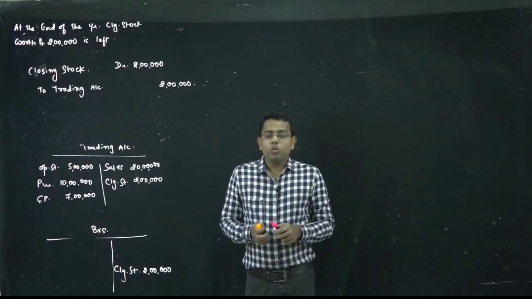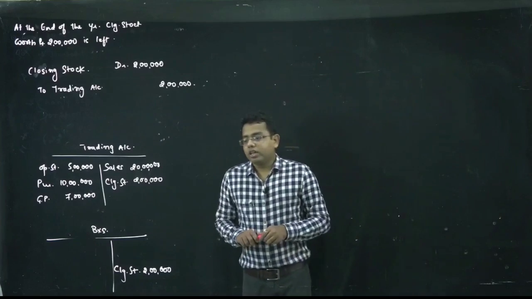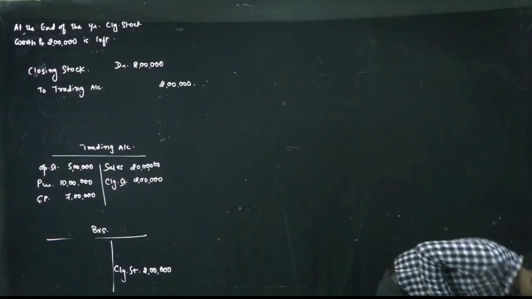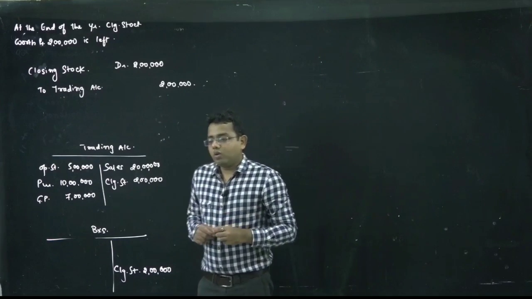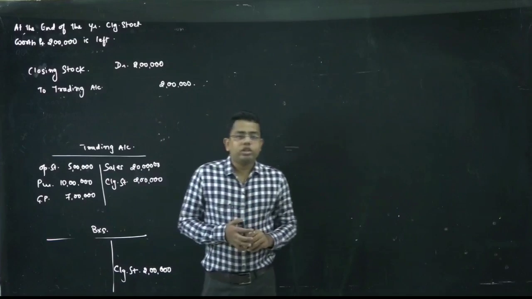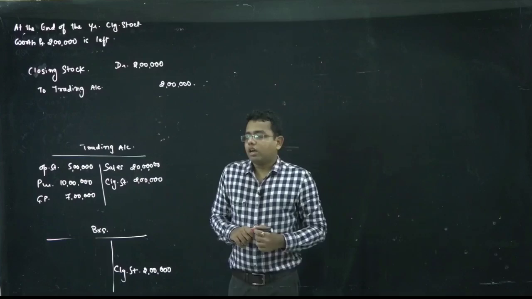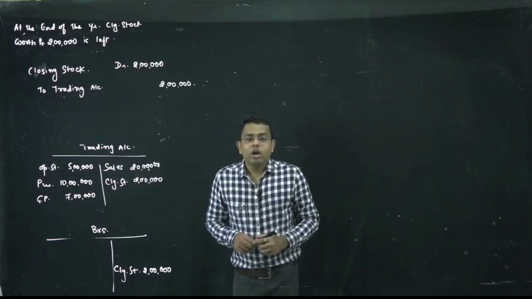Closing stock is the only account that is appearing in your trading account as well as in your balance sheet. If you take the examples of sales, it is always there as a trading account item, and purchase only as a trading account item.